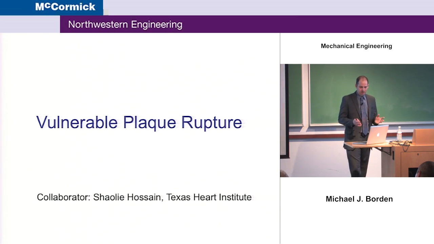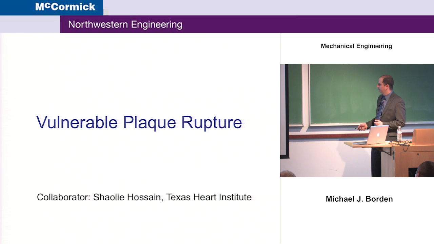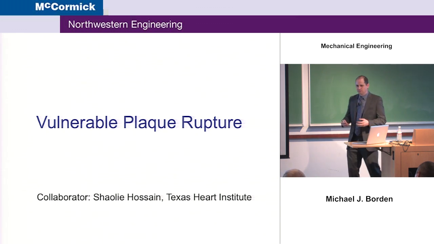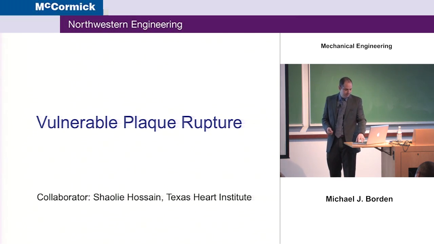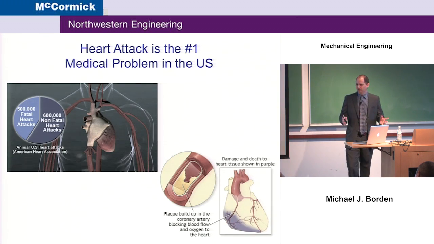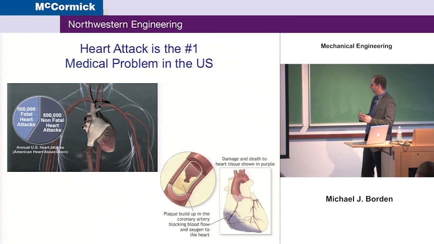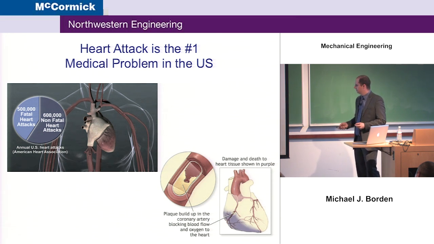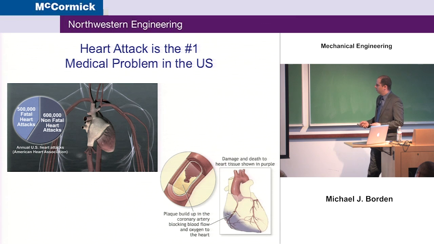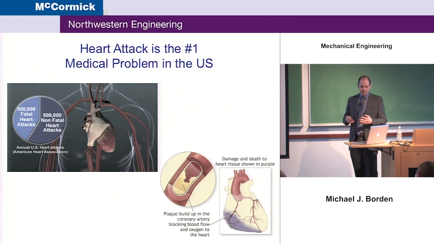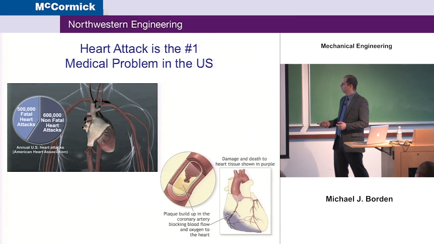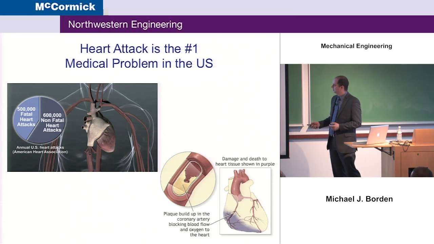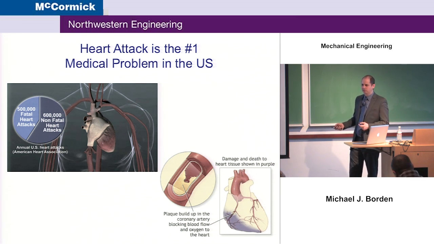Another thing that I've just started to think about and talk about with a collaborator at the Texas Heart Institute now is some ideas of modeling vulnerable plaque rupture. We're just getting into this, and I don't understand all of the physiological or physics aspects of it. But if you look at the medical statistics in the US, heart attacks are a huge problem. 500,000 people a year suffer fatal heart attacks.